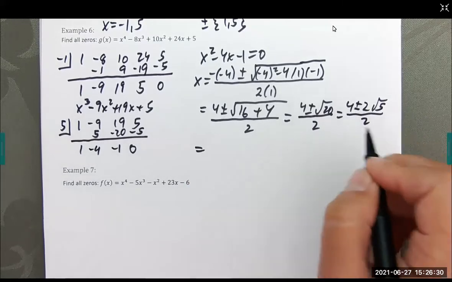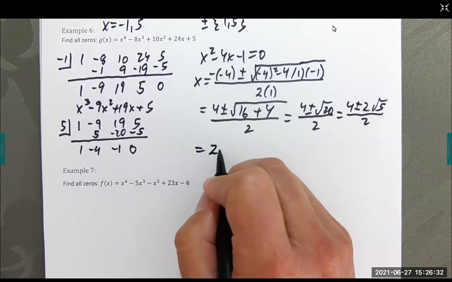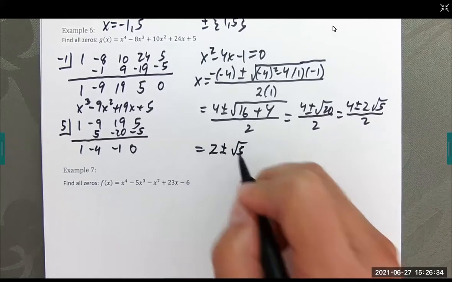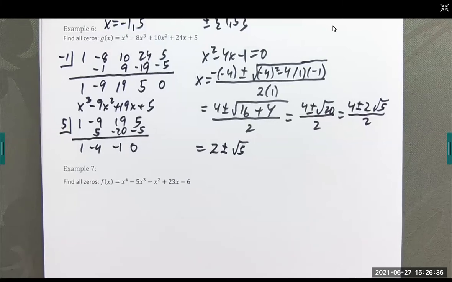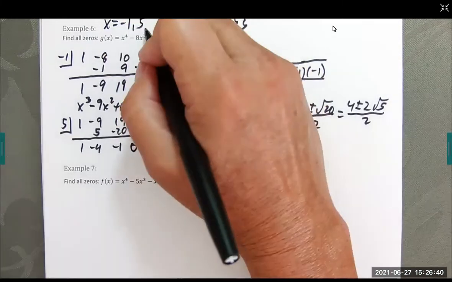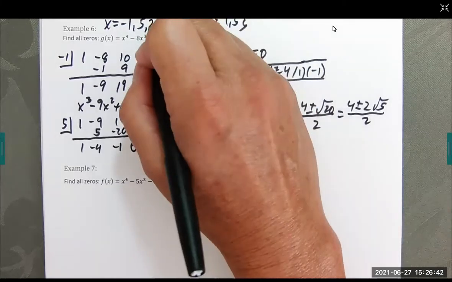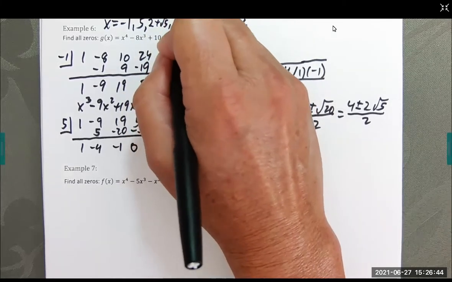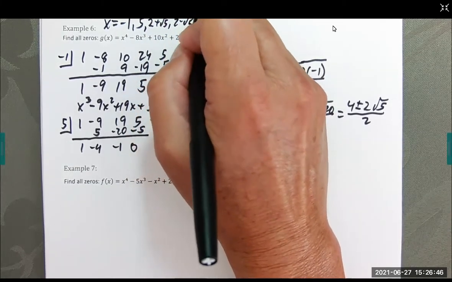Factoring out a 2 and reducing it, we get 2 plus or minus root 5. Cool. So our solutions are 2 plus root 5 and 2 minus root 5.